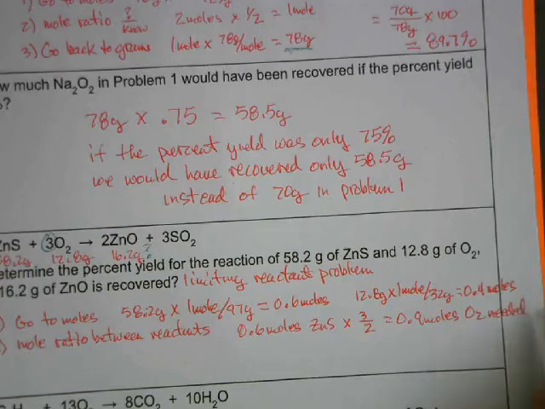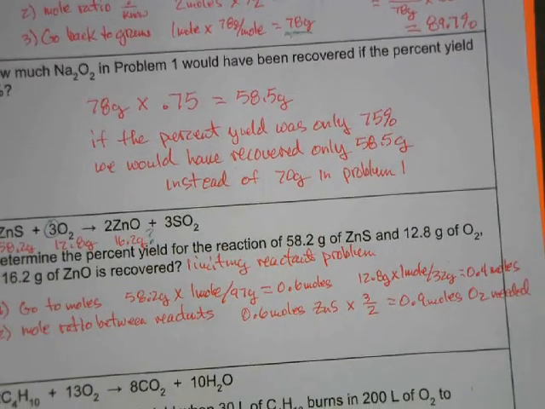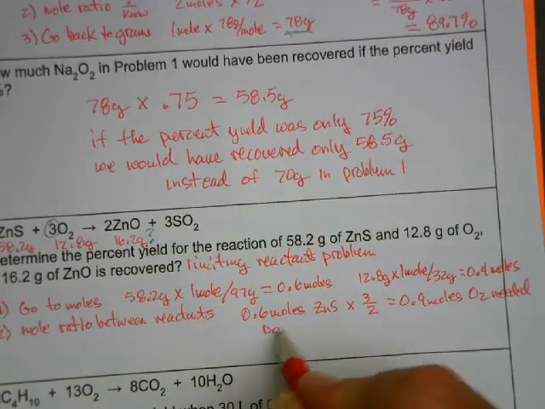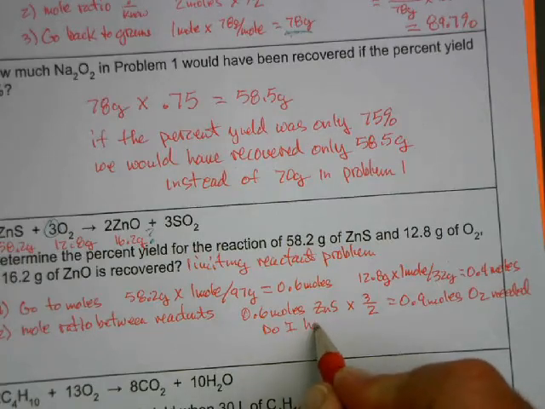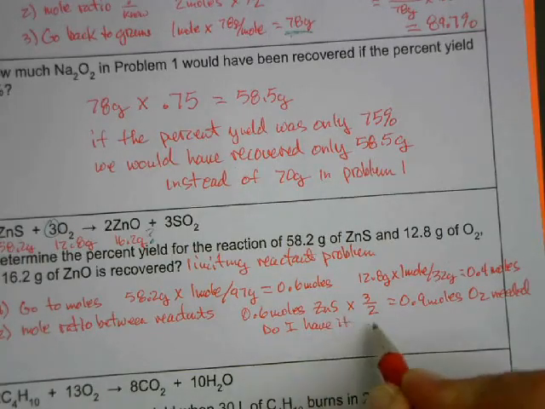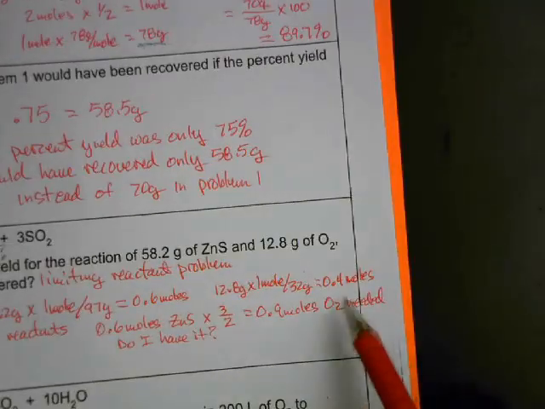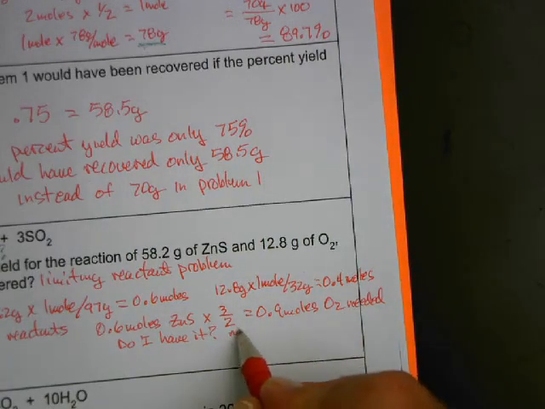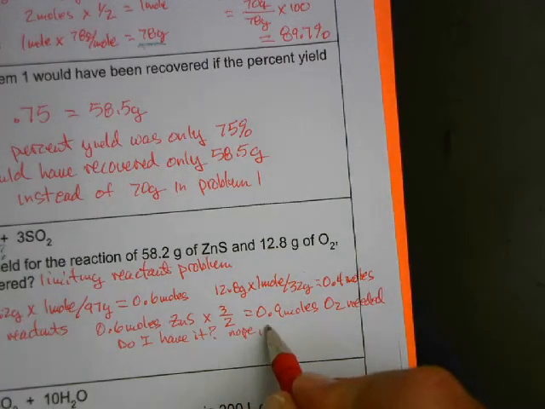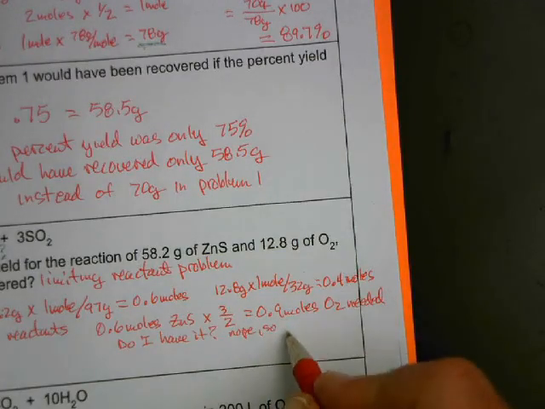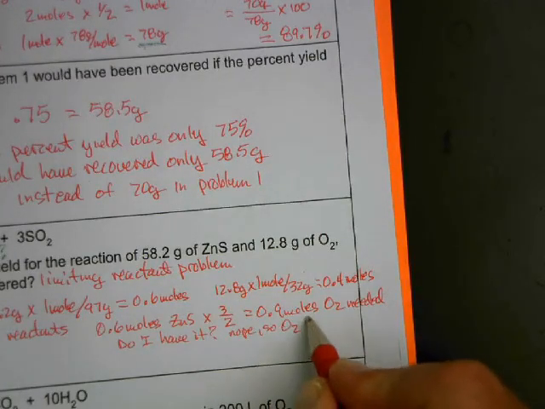And so then the question is, do I have it? Well, I need 0.9. I only have 0.4. Nope. So the O2 is limiting.